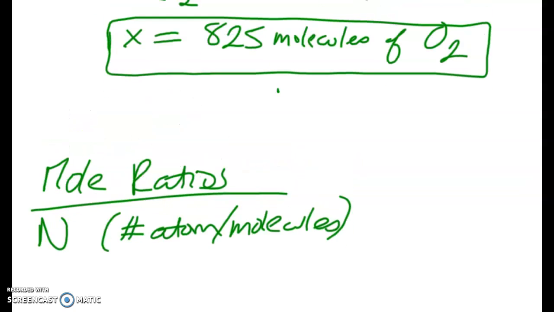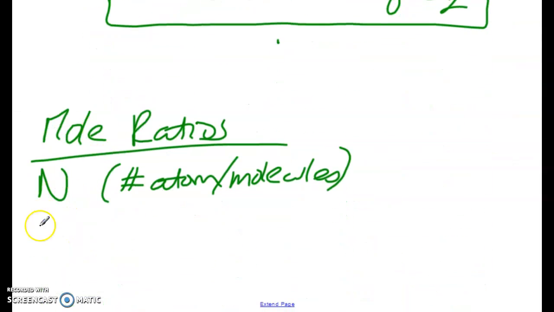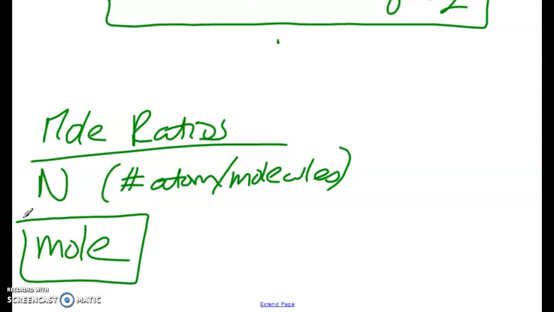Everything we did in the previous part was molecules. The main reason it's called mole ratios is that you can also use it with values of moles. These are the only two things you can use these ratios for. You cannot put mass, concentration, volume or anything else. It's the number of something, so atoms, molecules or ions, and moles.